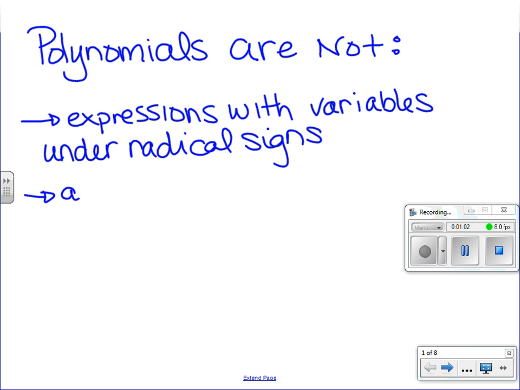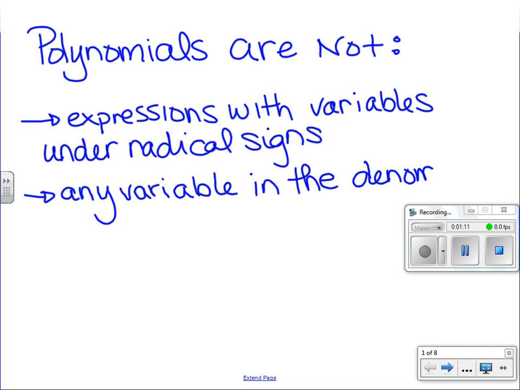Any variable in the denominator of an expression.